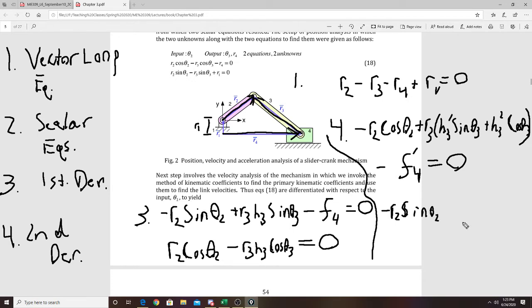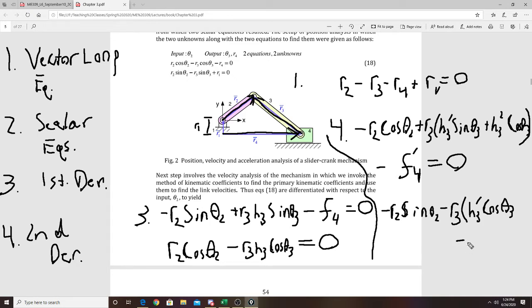And then we have this one, minus. Once again, you pull out an R3 because it is not changing, so we leave it as a constant on the outside of the derivative. And then we do H3 prime cosine theta 3, plus, although that's going to change to a minus sign here in a second, but I'll do that now.